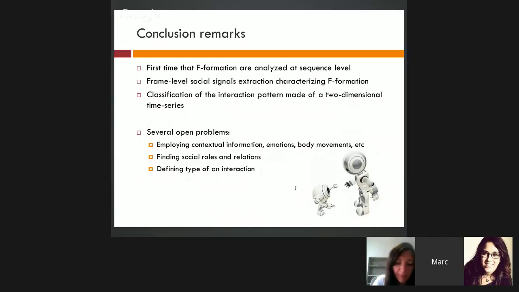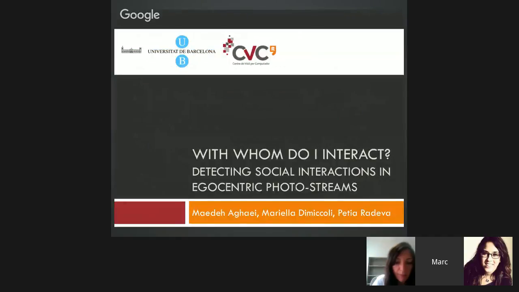To name a few, employing contextual information such as motion, body postures, and so on, to see their effect on the results, and also further works like finding social roles and defining types of interactions. And that's all. Thank you.